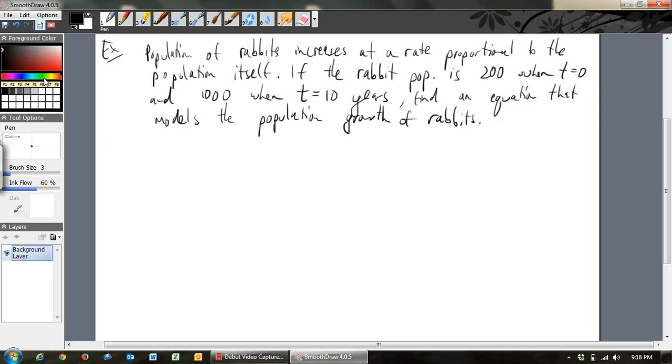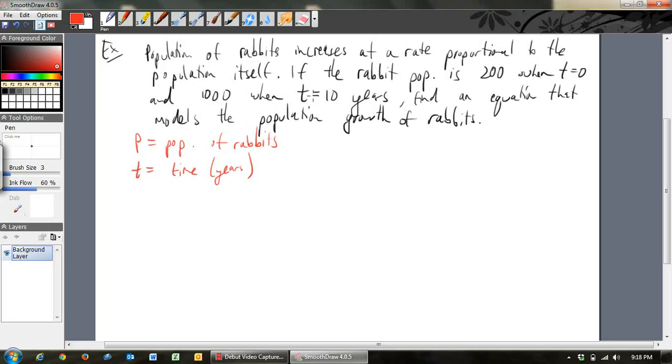Okay, so let's have a look at this. Hope I don't go over one page. It might go over one page. So let's just say P is the population of rabbits, and we'll say that T is time, and that's in years. Okay, so let's have a look at what this equation will be.